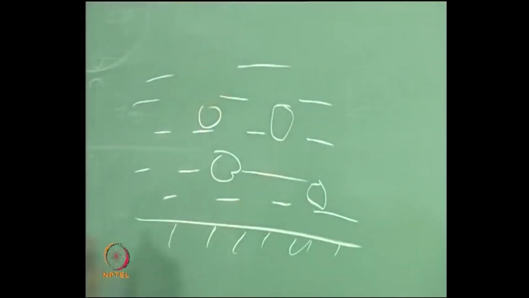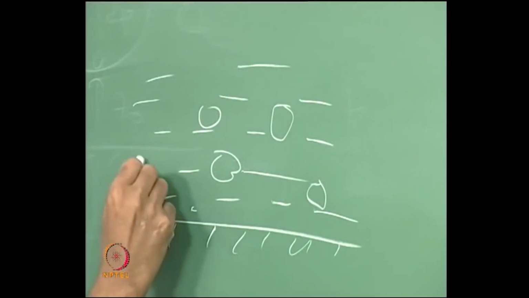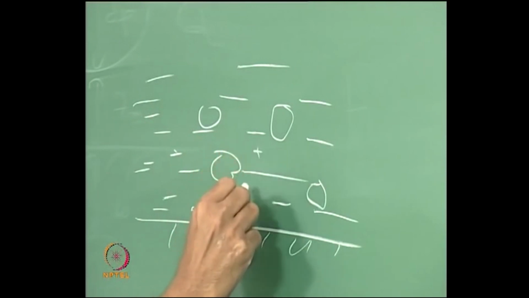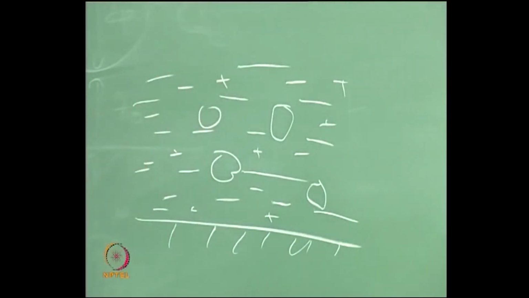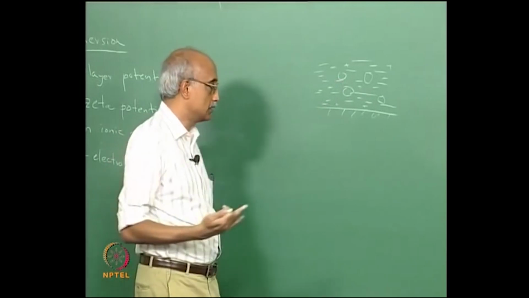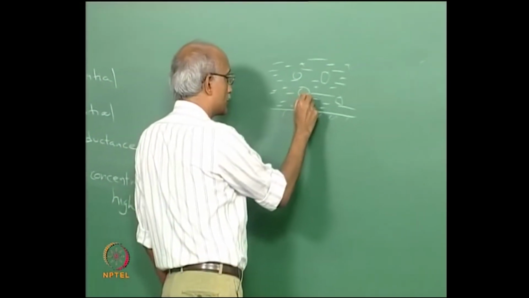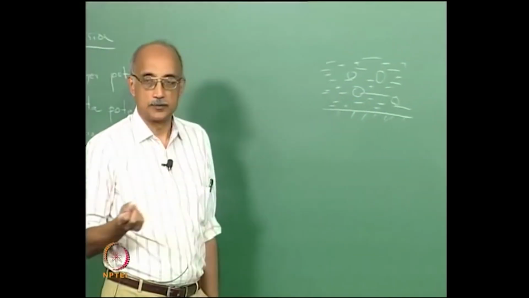And let us say that in this liquid you have various ions, positive and negative ions that are floating around. What are these ions going to want to do? They want to attach themselves either to the particle or to the surface or both.